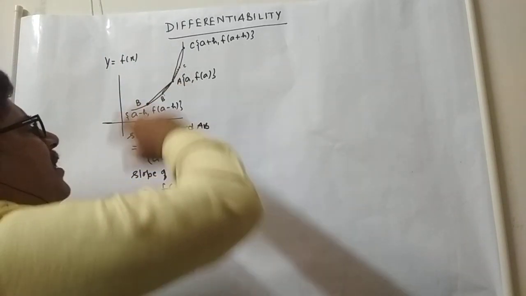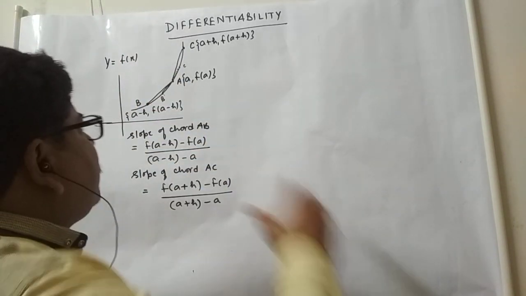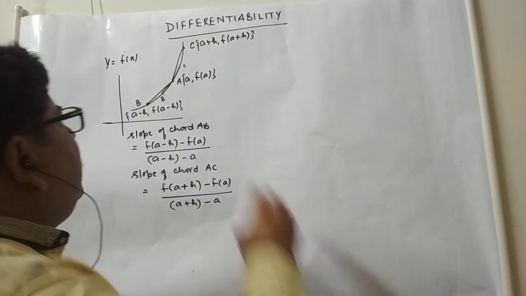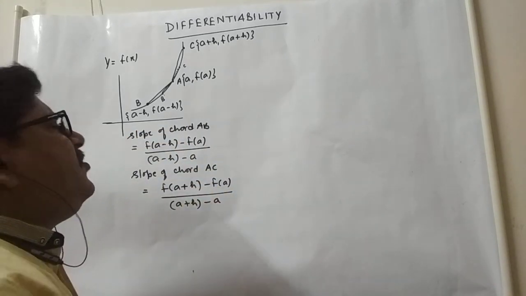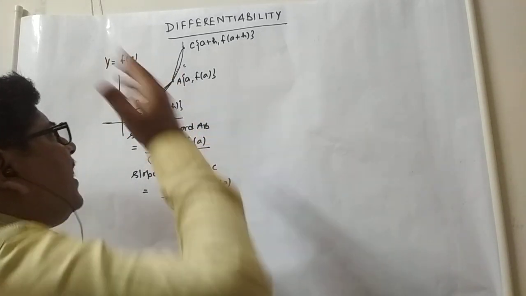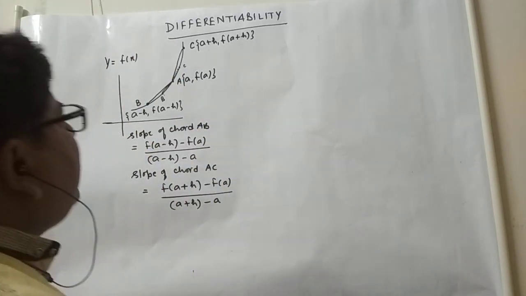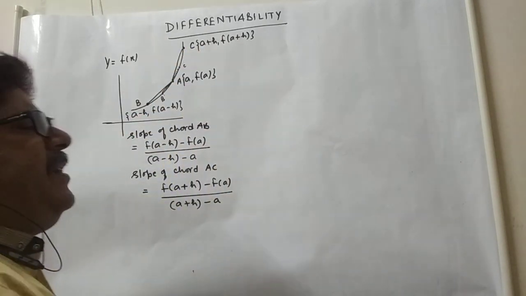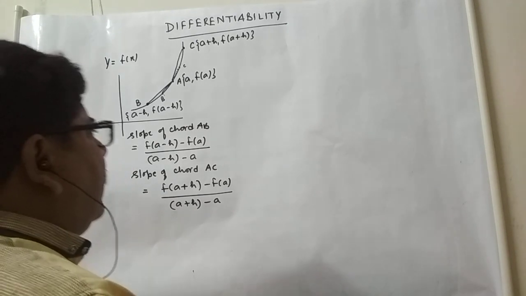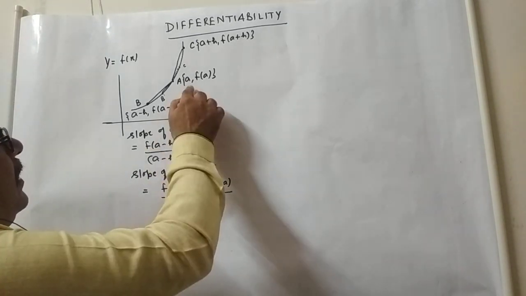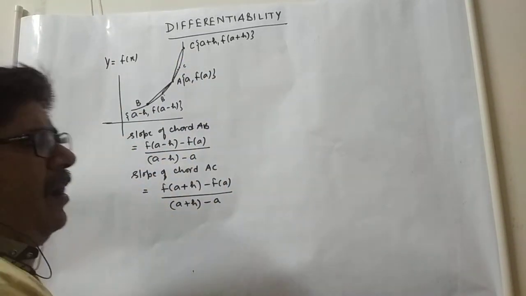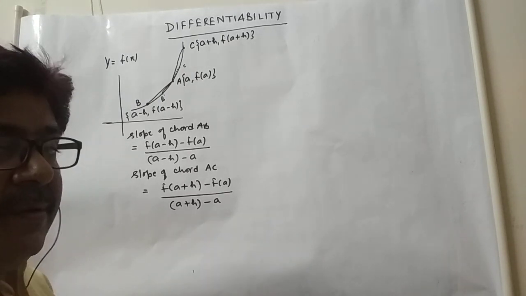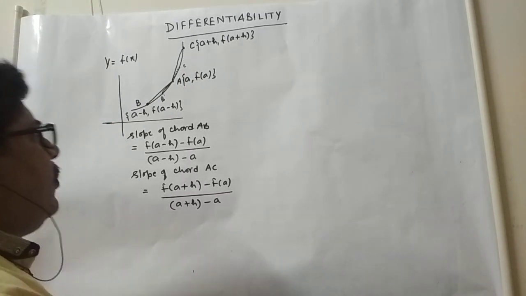And if this process is continued, that means we are shifting B and C more and more towards A, then these points B and C will finally merge at A. That means if we are bringing points B and C to A, the difference in their abscissa will approach 0.